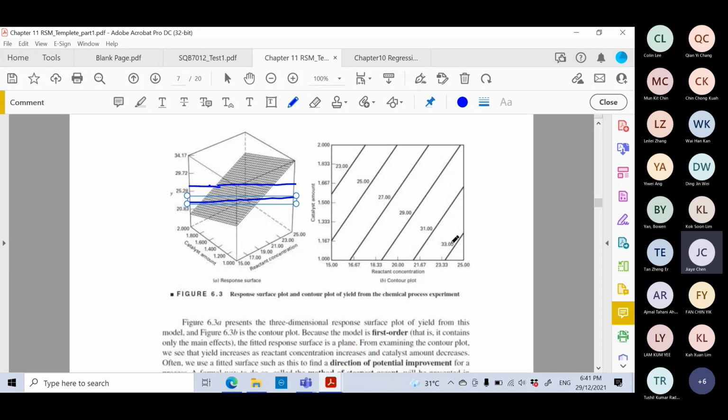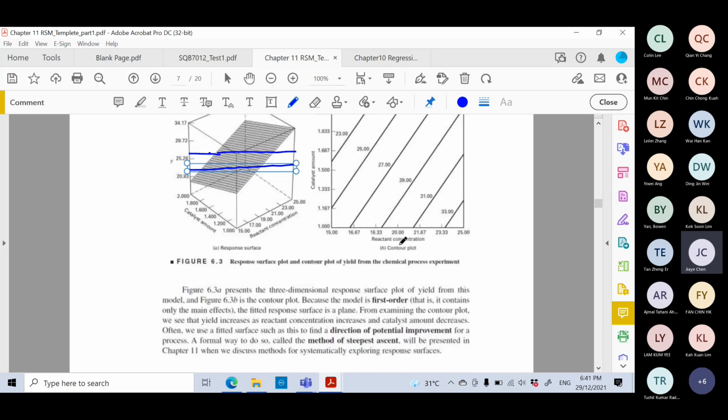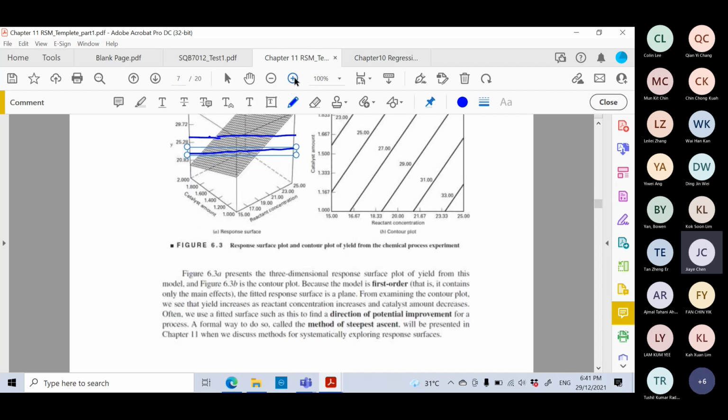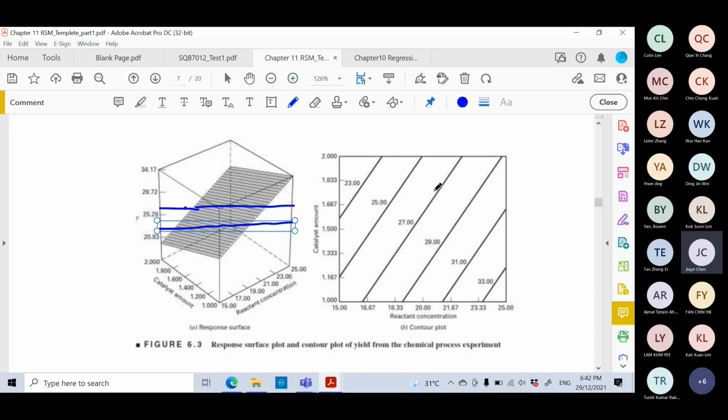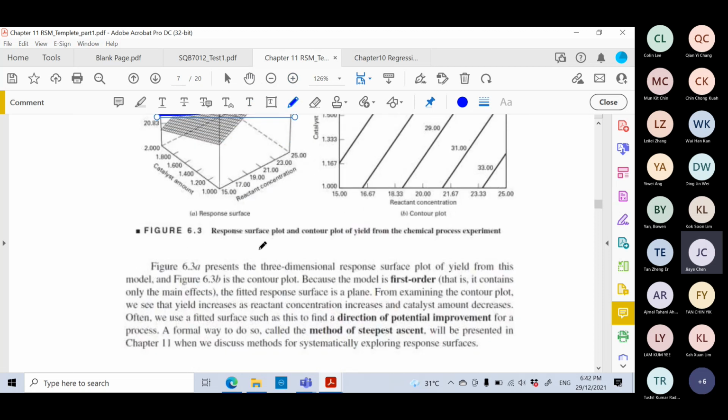Okay, so this is what you can see from the contour plot. The diagram here shows the three-dimensional response surface plot from this model, and Figure 8.3 is the contour plot.